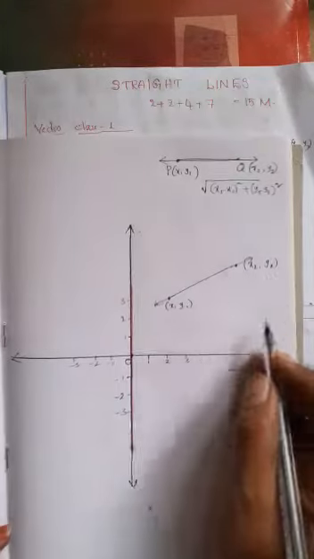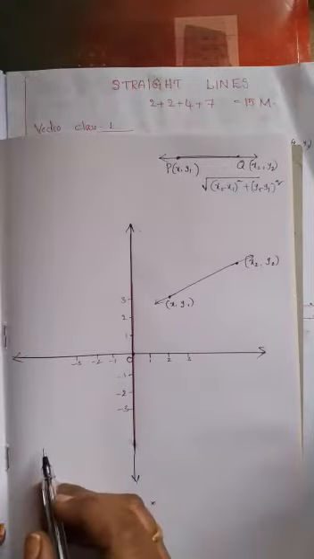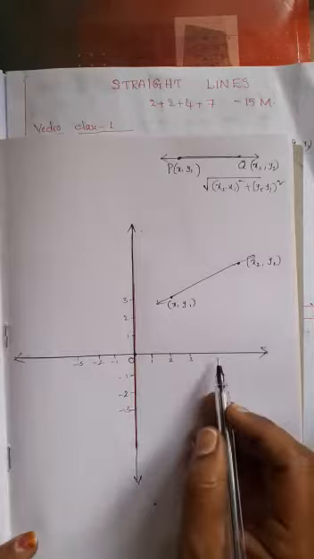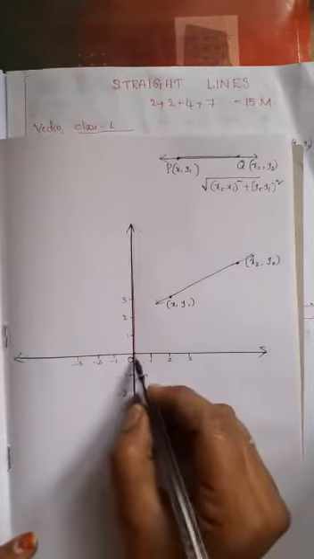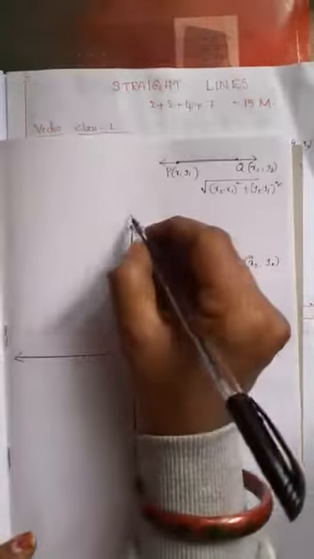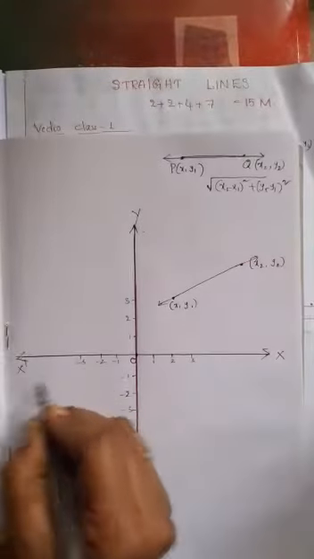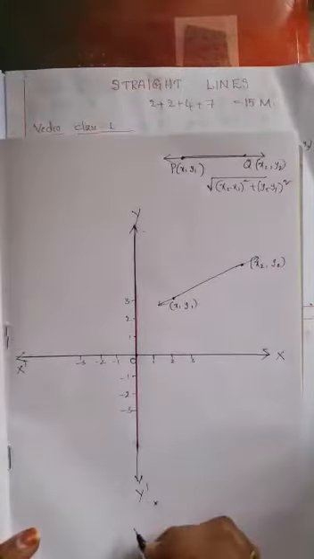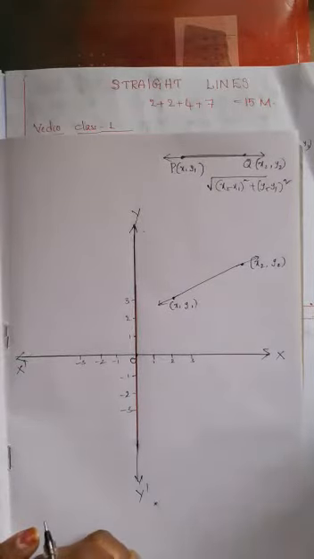This is a coordinate system we have. We divide the coordinate system into 4 quadrants by using x axis and y axis. This is the positive x axis, OX dash is the negative x axis, OY is the positive y axis and OY dash is the negative y axis. Now, how do you find the slope?